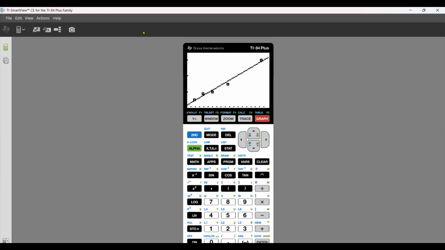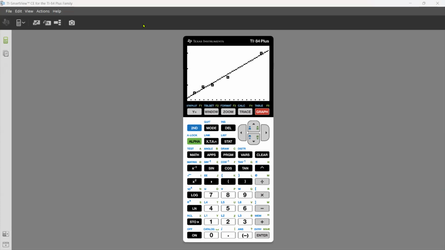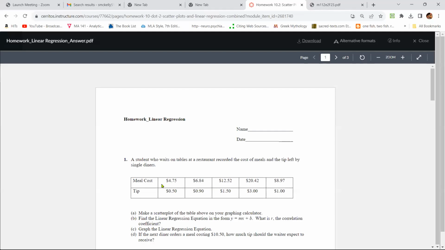So when you do this, you're actually graphing these points. X is 4.75, Y is 0.5. Remember, each pair, so each column in this case, corresponds to 1 point. So for this example, you'll have 5 points listed.